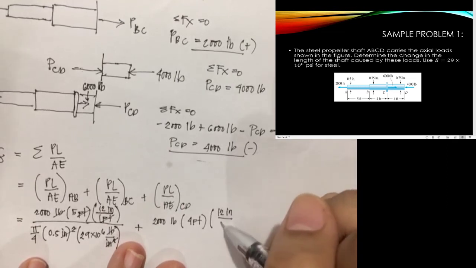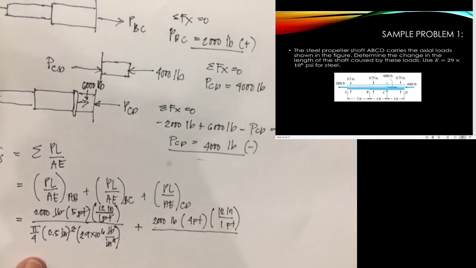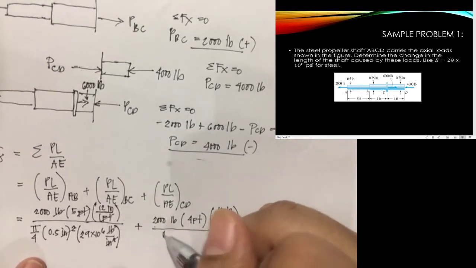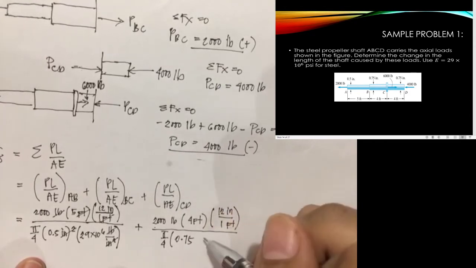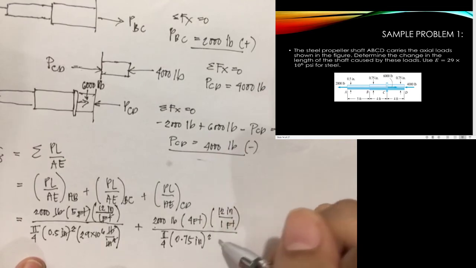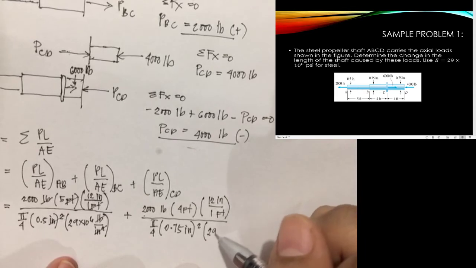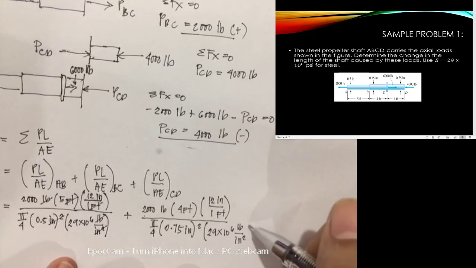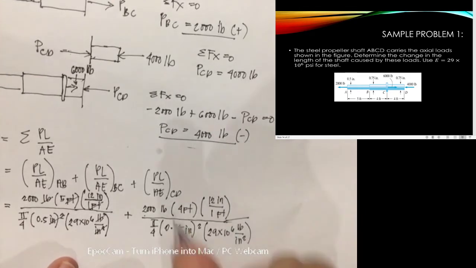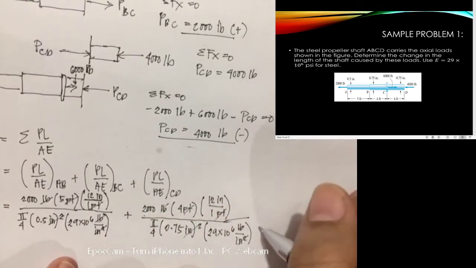So 12 inches per 1 foot, over pi over 4 multiplied by 0.75 inches squared multiplied by 29 times 10 raised to 6 pounds per square inch. So, pounds cancel out, as do inches and feet. What remains is in inches.